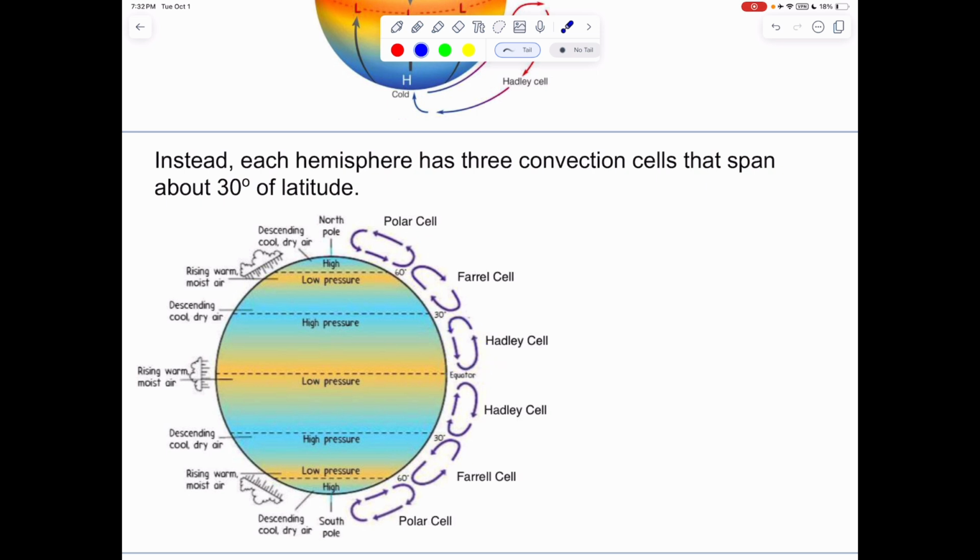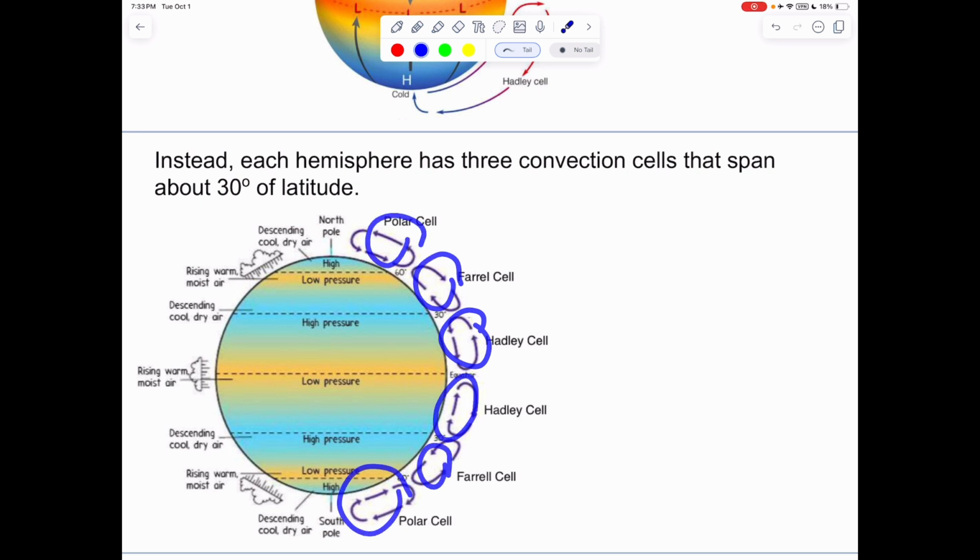We're seeing this in a Hadley cell, which is between the equator and 30 degrees, in a Ferrel cell, which is between 30 and 60, and then as a polar cell all the way up north. So these 3 on each hemisphere have been developed, and we've noticed this trend in how the air moves in each of these 6 total sections.